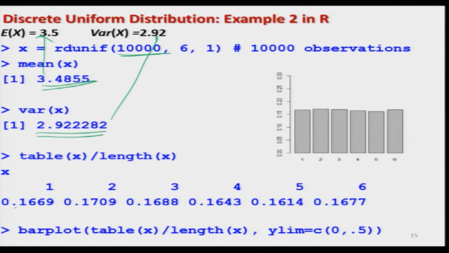You can see that these values are coming out like 0.16, 0.17 and so on, and they are very close to each other. Don't you think this indicates that your probability mass function is 1 upon 6 for each value of x? And if you create the bar plot using this command, it will look like this, and you can see that most of the probabilities are coming out the same.